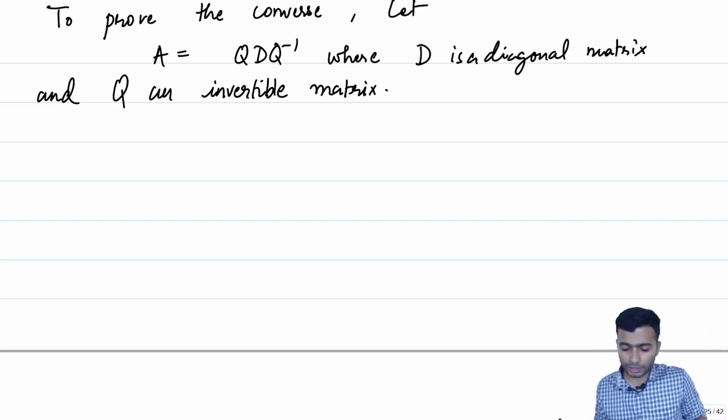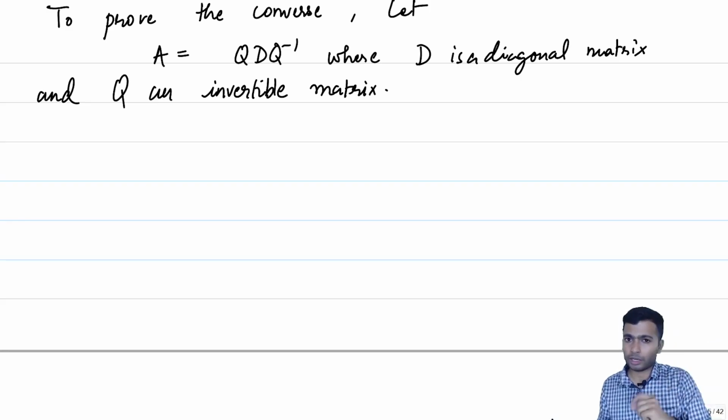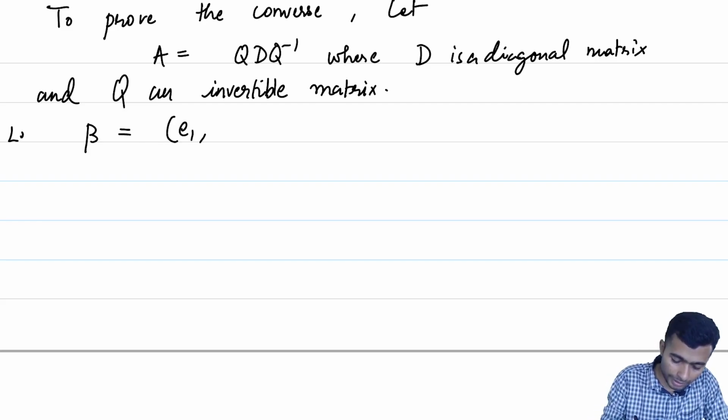We also know that the fact that D is a diagonal matrix tells us that DEj is lambda j Ej, where lambda j is the jth entry along the diagonal. So, let beta be the standard basis.